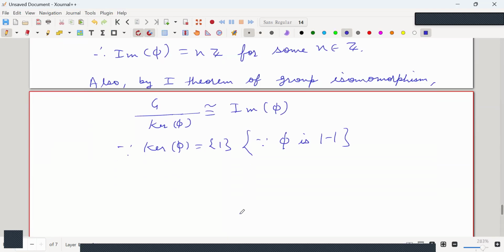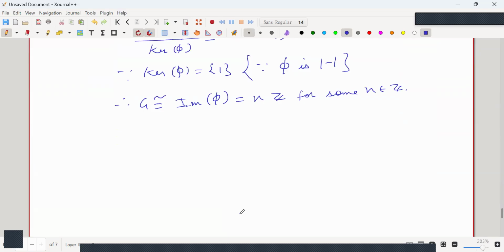Since the kernel is trivial, G is isomorphic to G modulo kernel phi, which is just the image of phi, and which is some n times Z for some n belonging to Z. Now it is also given that the size of G is at least 2, right?